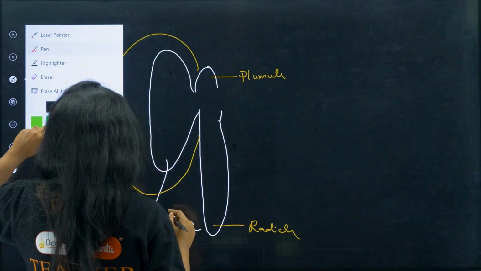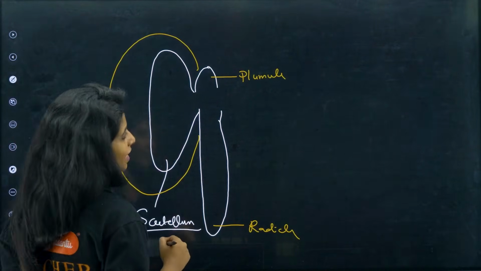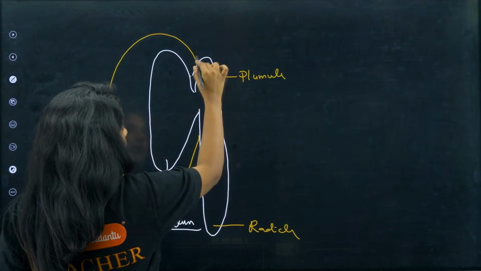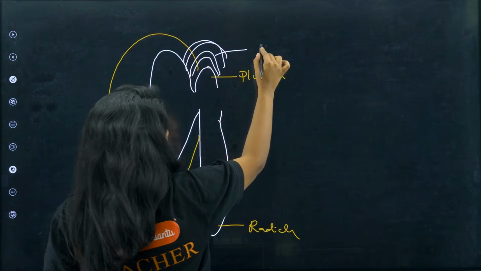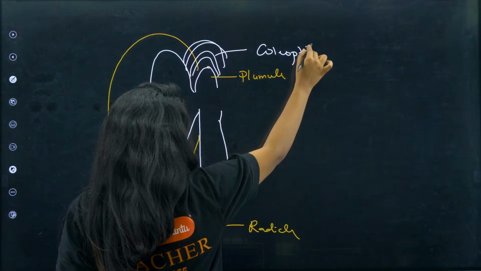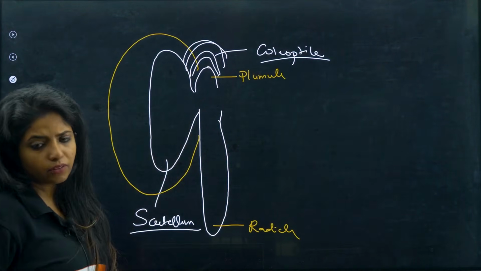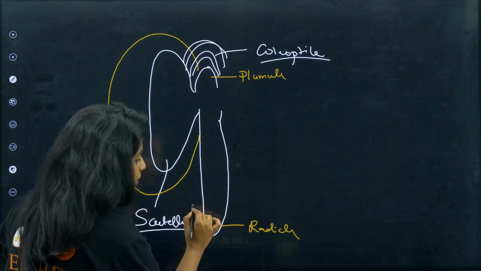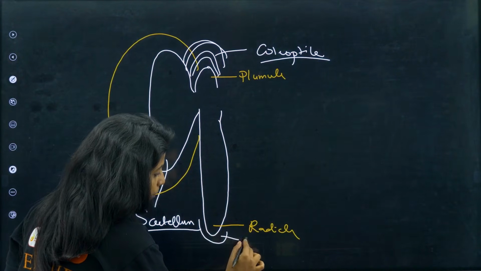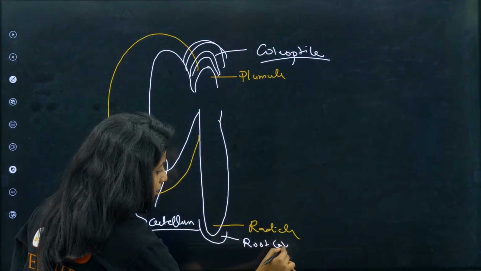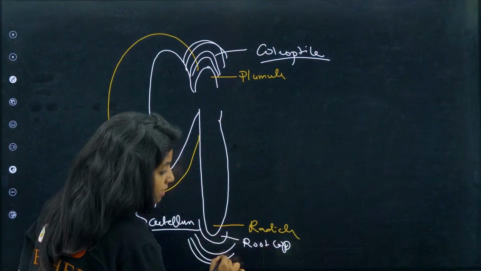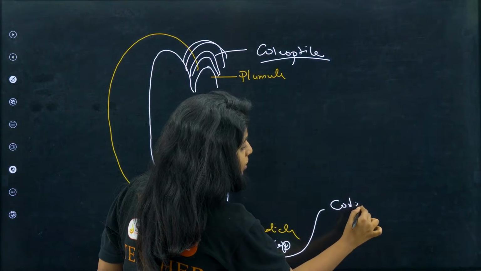Now, there is one very important thing: the plumule is covered by a structure known as the coleoptile. And this is going to be forming the leaves and everything out there. It's a leaf primordia. Over here, the radicle is covered by the root cap for sure, but beyond it, it also has something else which is known as the coleorhiza.